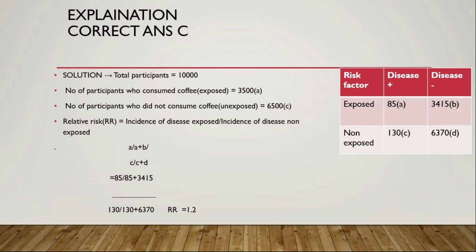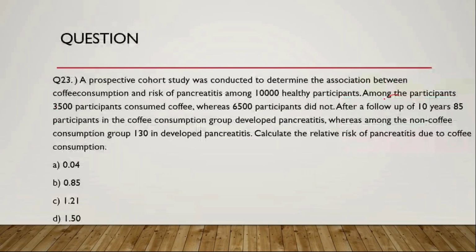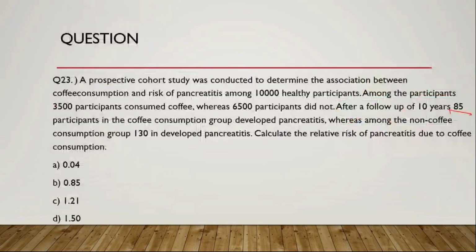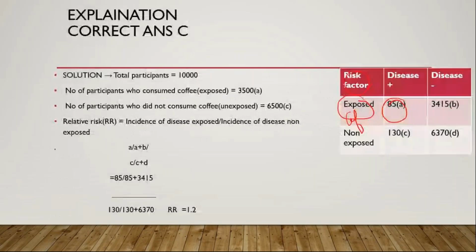In the question, 85 participants in the coffee consumption group developed pancreatitis, so 85 will come under A. And 3,500 participants consumed coffee, so 3,500 are total and disease is 85. So 3,500 minus 85 will be 3,415.